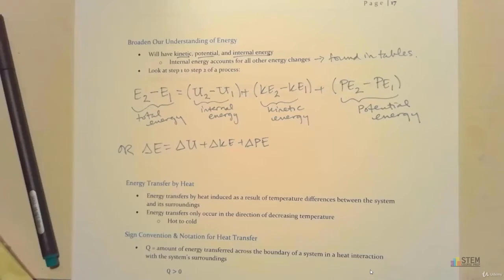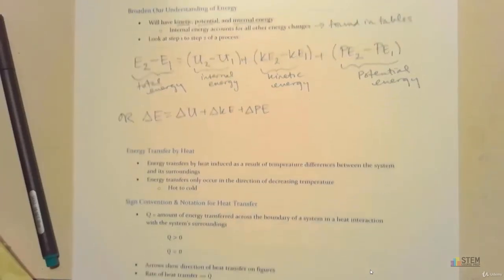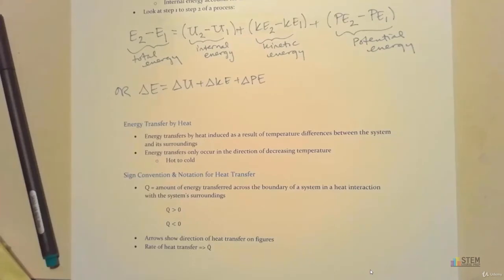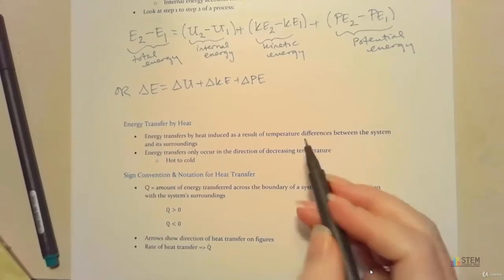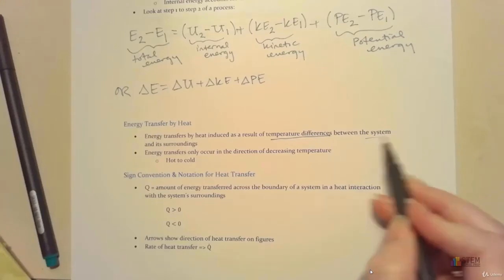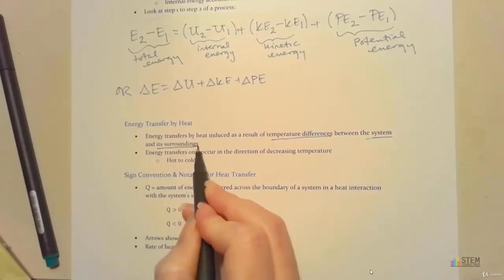So now that we've got that down and we know that equation, let's talk about energy transfer by heat. We're going to have an energy transfer by heat that's going to be caused by a temperature difference between the system and its surroundings.